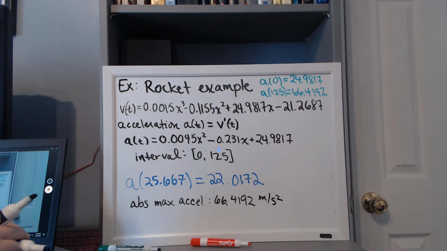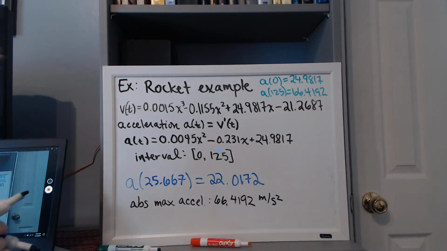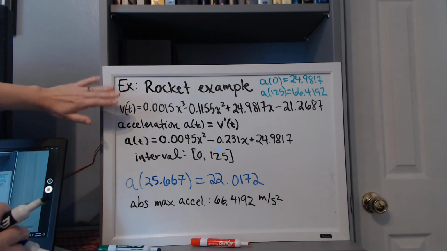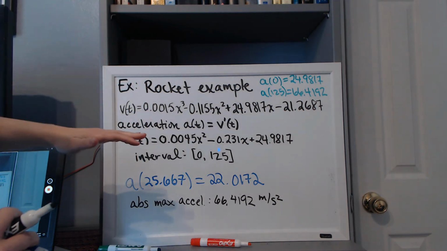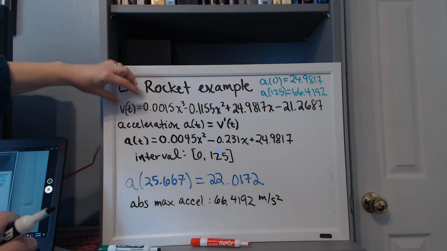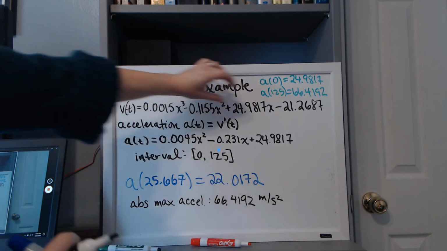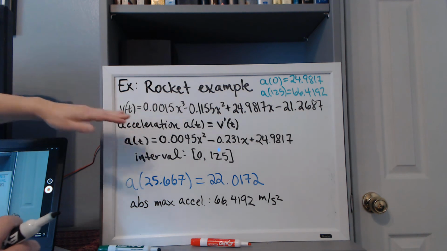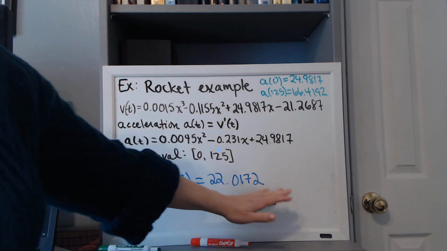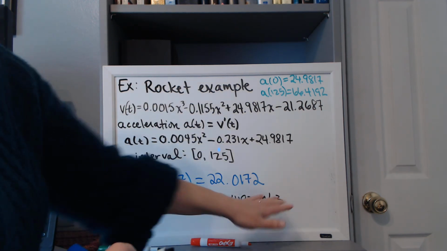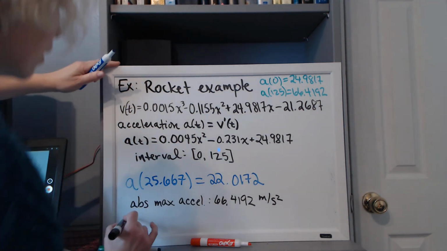We know this because our units for velocity were meters per second, and the units of the derivative are the units of the function, meters per second, divided by the units of the input. The units of the input are seconds, so we get meters per second divided by seconds, and that gives us meters per second squared.